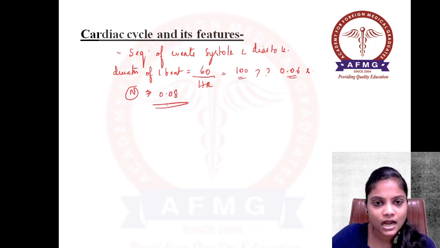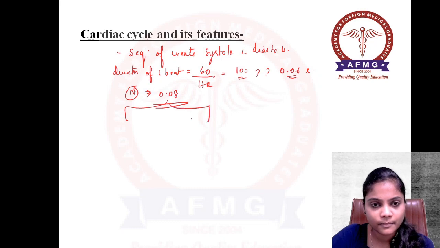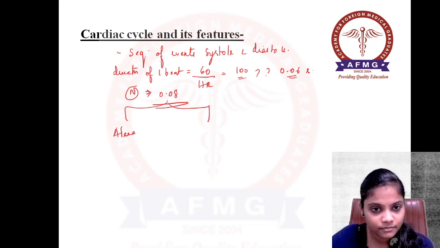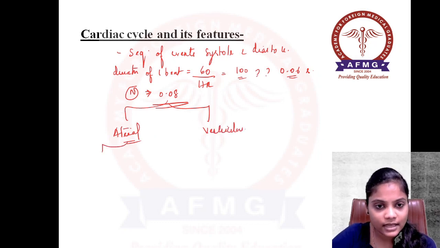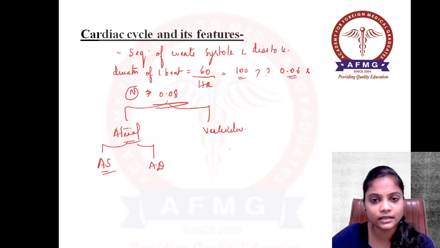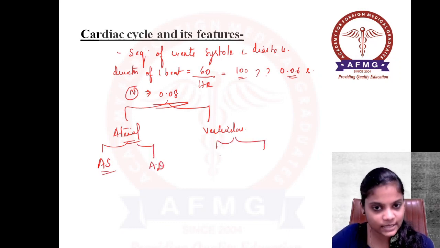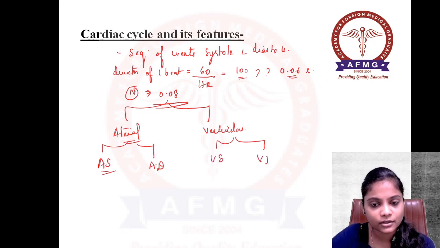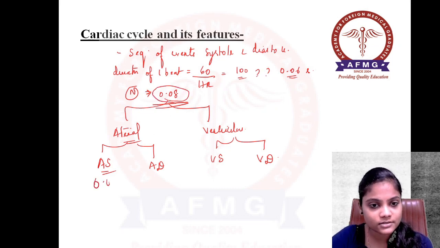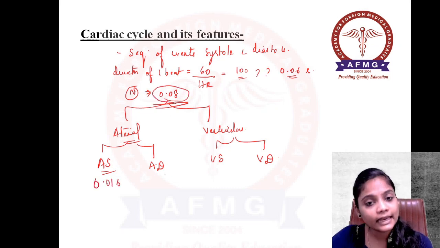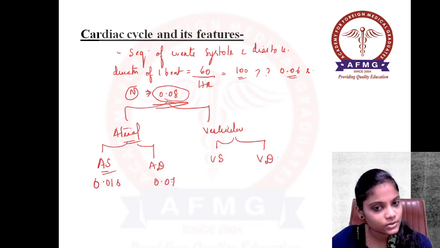In the cardiac cycle we have the atrial cycle separately and the ventricular cycle separately, which you know already. In atria, I am writing atrial systole and atrial diastole. In the ventricular part, again ventricular systole and ventricular diastole, and their timing is very important. If the normal is 0.8, then atrial systole is 0.1 seconds and atrial diastole is 0.7 seconds.